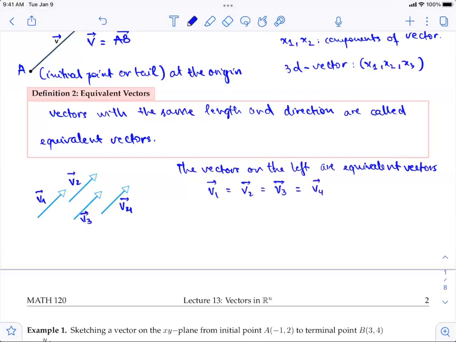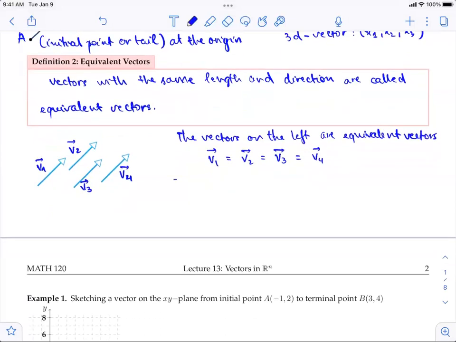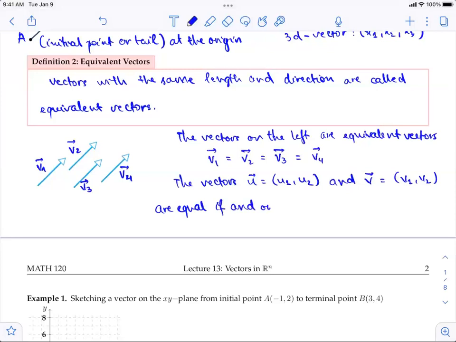Right. If you consider two different vectors, so the vectors u with the components u1, u2, and another vector v equal to v1, v2, we say that these two vectors are equal, right, if and only if the corresponding components are equal to one another.